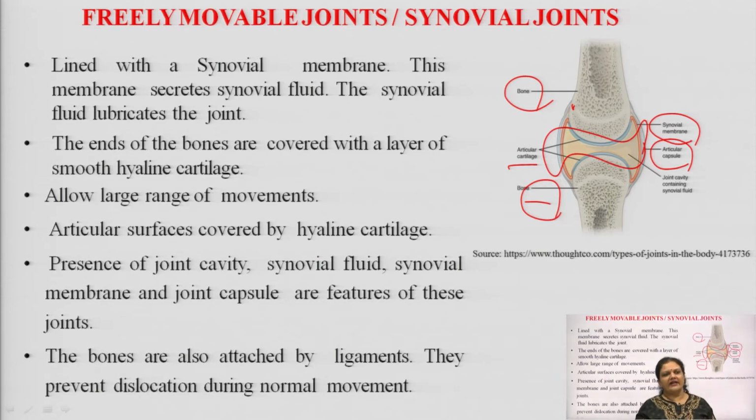The joint cavity, the synovial fluid, the synovial membrane and the joint capsule are the very important characteristic features of these synovial joints. These bones are also attached by ligaments, which are required for further prevention of dislocation during normal movement.